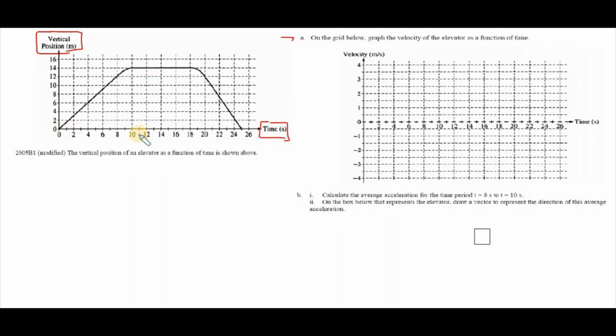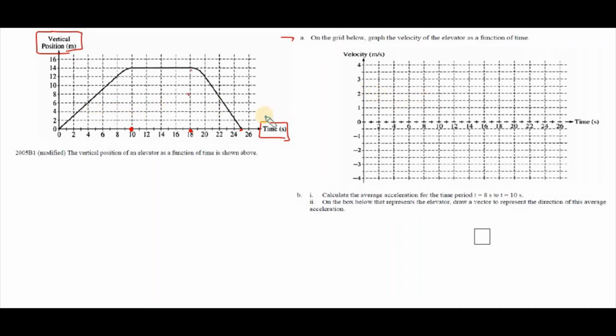So just look at the section. In between 0 to 10 seconds, its vertical position is changing, and in between 10 to almost 18 seconds there is no change in position, and then between 18 to around 25 seconds, again it changes its position. We have to define the velocity time graph.